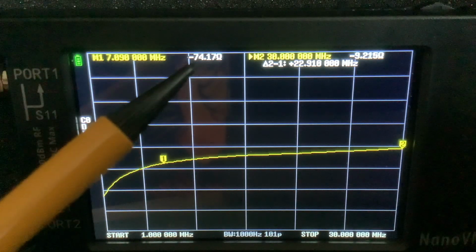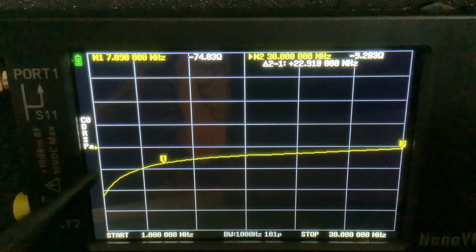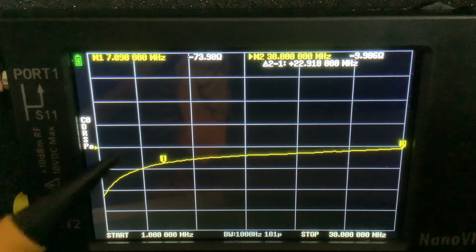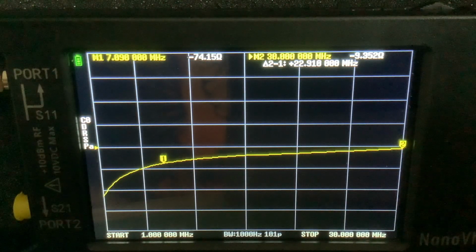So this is all capacitive reactance, and you'll see actually if we were to go lower it gets worse. The capacitive reactance increases.